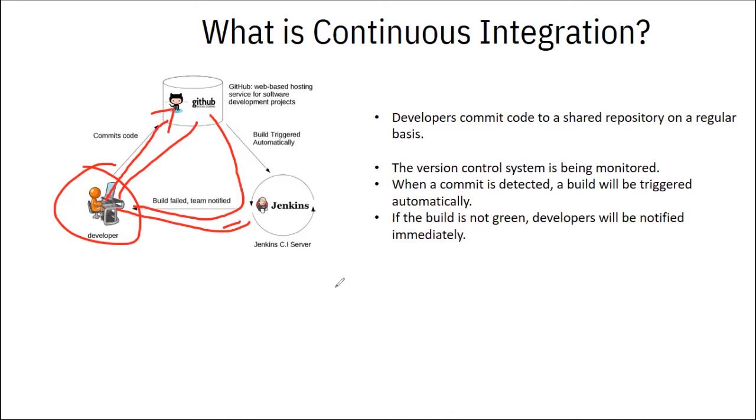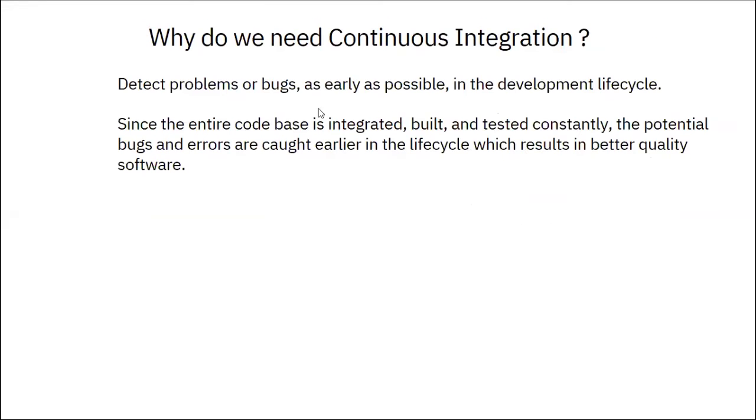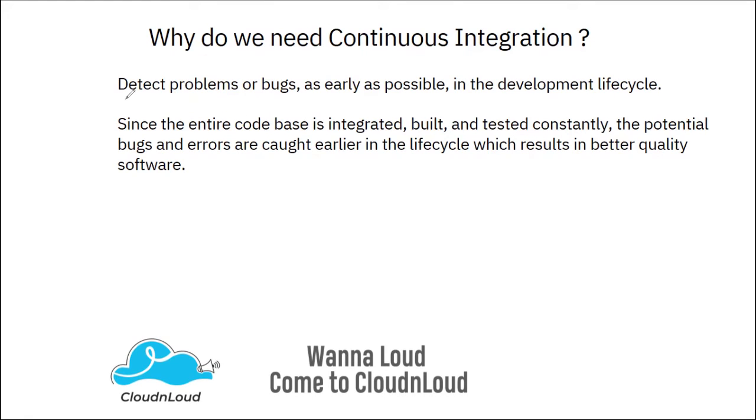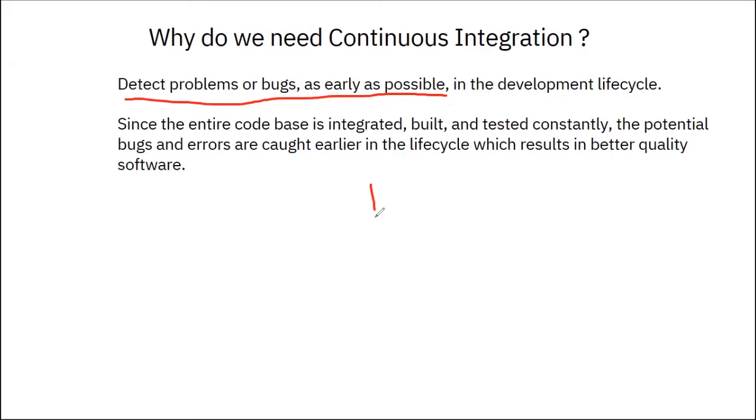This will help make sure your product is more stable, because you keep doing this immediately, right? Why do we need continuous integration? This is the biggest question for everyone, right? As I said, just a simple diagram: detect problems or bugs as early as possible, because first you define the source code repository, GitHub or Bitbucket or GitLab or VSTS, and integrate it with one CI tool, right?